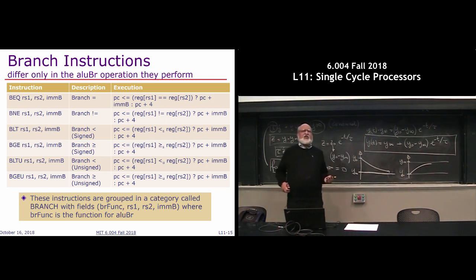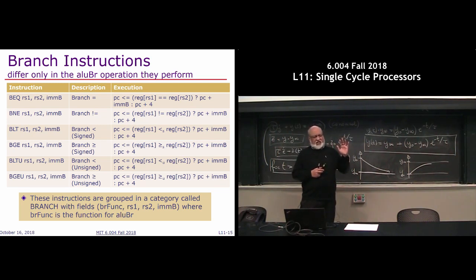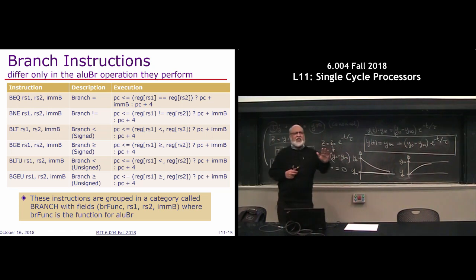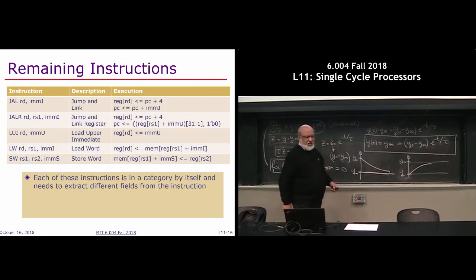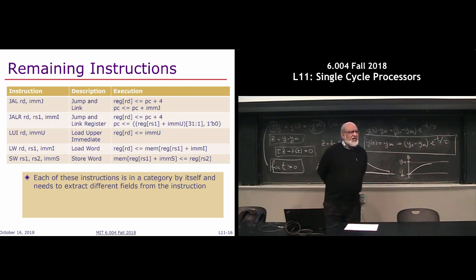So we have taken care of quite a few instructions. Op instructions, which were doing something in the ALU, then op immediate instructions, which were also doing something in the ALU, but they had a constant immediate operand. And now the branch instructions, and the remaining instructions are another 5 or 6 instructions, and they defy categorization.